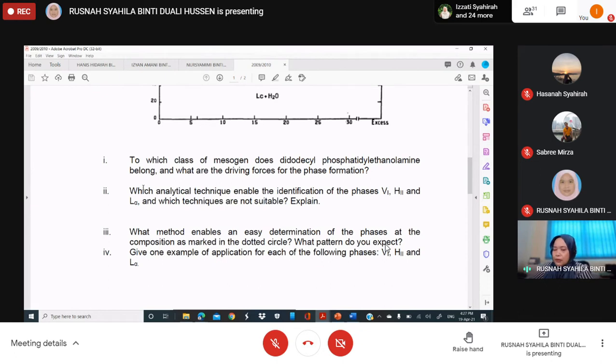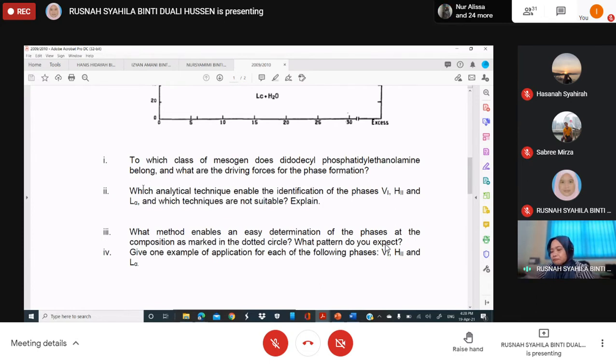Then you have to explain, for example, that the optical polarizing microscope is suitable to identify the texture for hexagonal and lamellar, but not suitable for cubic phase, because we can observe the bicontinuous or discontinuous cubic phase, but it will only show us a black texture.